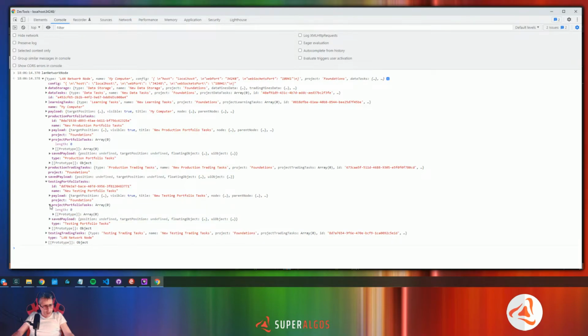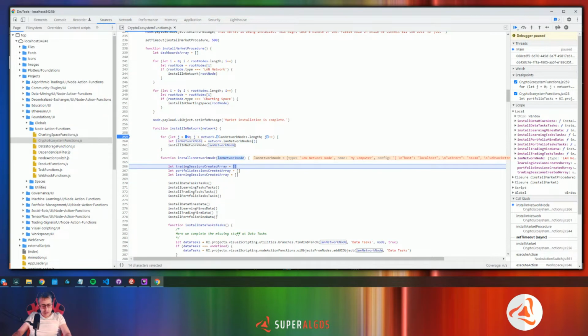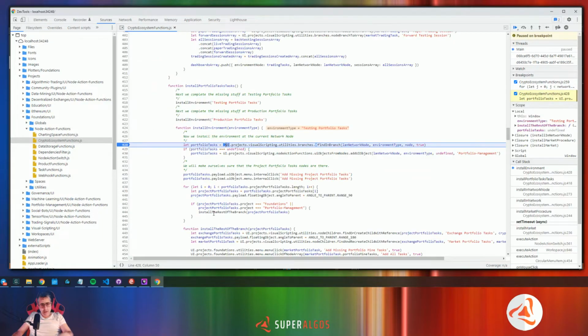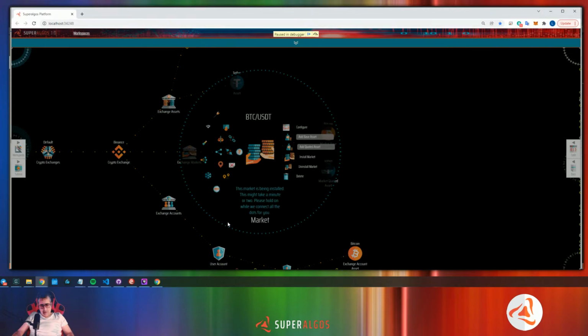Okay, so these are deleted, but testing and production are still there. Testing trading tasks. So that would mean that if I run this, this will install all the stuff.